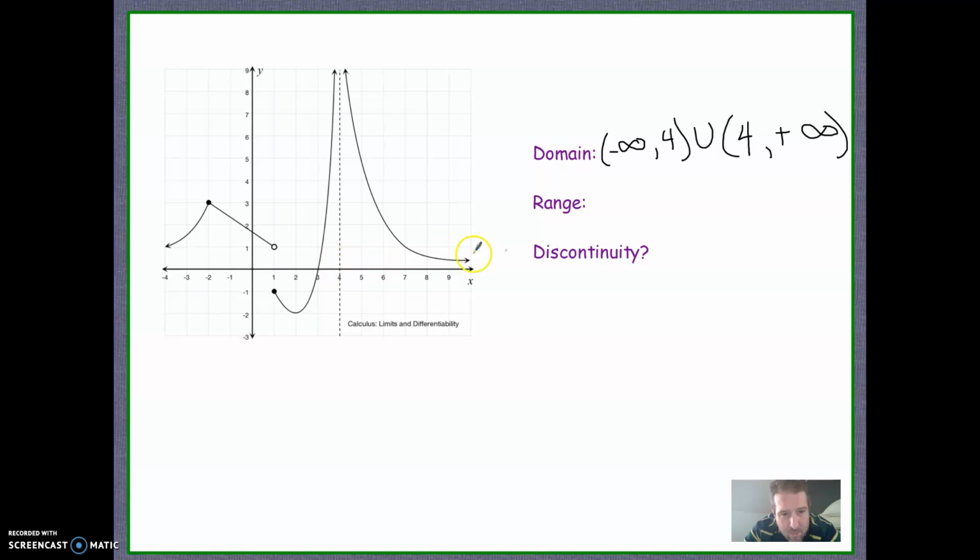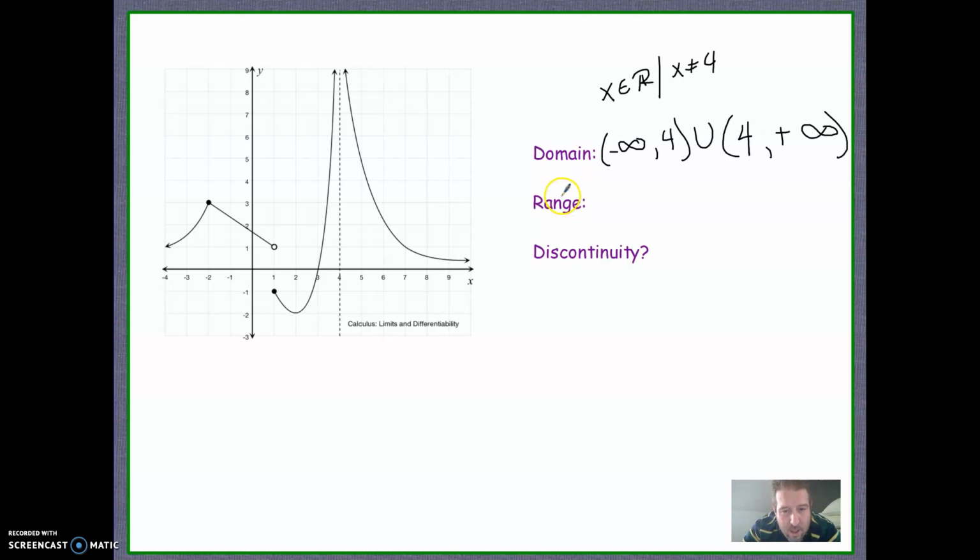Basically everything except for the asymptote at 4 is a possible domain. Another way you could have said that is the domain is a set of all real numbers x in which x cannot be 4. Just another way of saying the exact same thing.